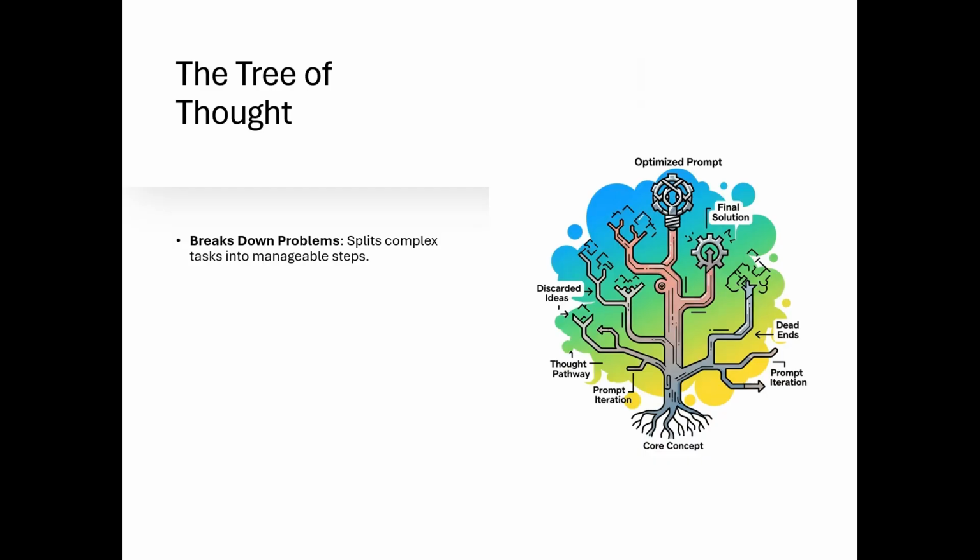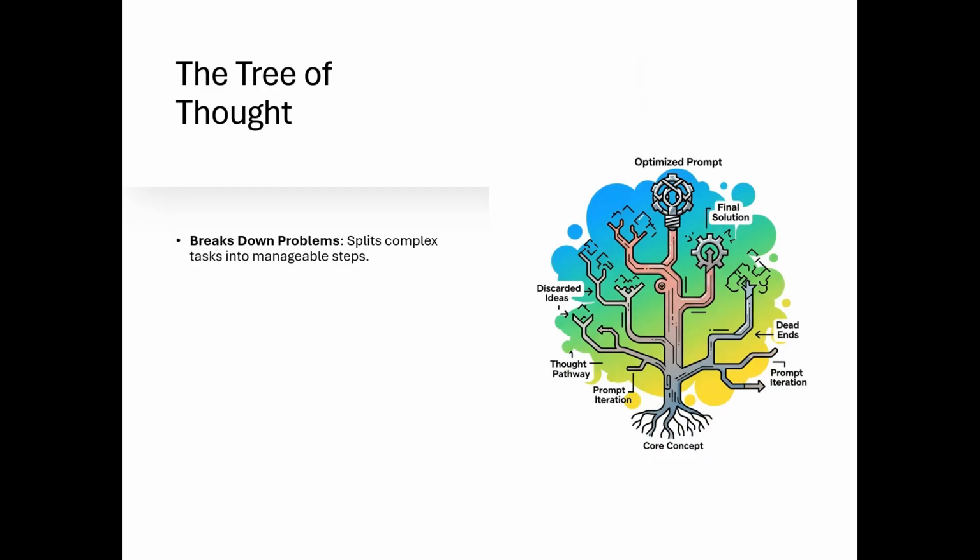So your core concept starts at the root of the tree, and you're asking AI to come up with many different thought pathways. Some of those pathways might end up as dead ends and not be very useful to you, but you can discard those ideas and go up the main pathway to perhaps a potential final solution.